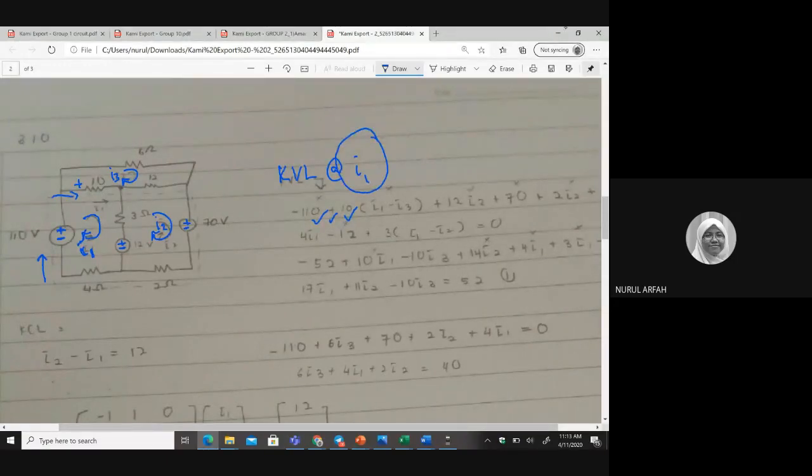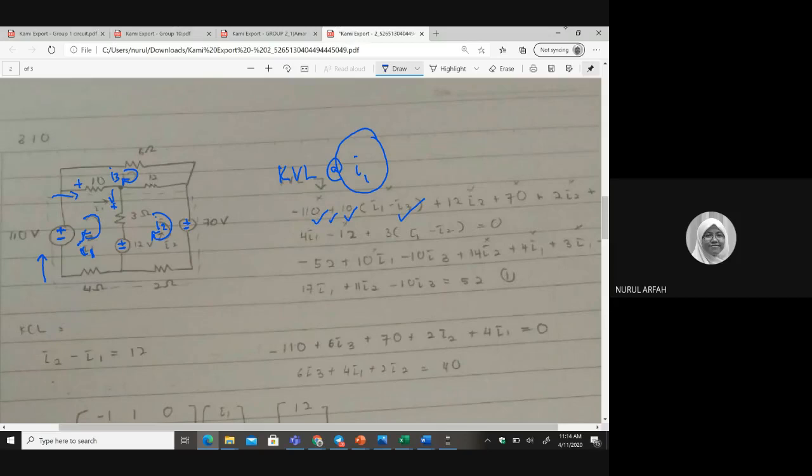So what should you do? The loop you focus first minus with the opposite, or the 10 ohms share with. So you have I1 minus I3, because 10 ohms share in between I1 and I3. So this is correct, Shafiq, bagus. And then you have a plus. You enter this, and then you have a plus here, because this is 3 ohms, a passive element.